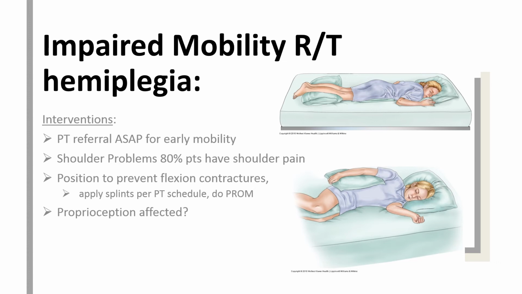Shoulder pain occurs in about 80% of clients with stroke. So in order to alleviate or prevent shoulder pain, we never lift by the affected shoulder or arm. We support the arm and shoulder with a sling while up and a pillow in bed.